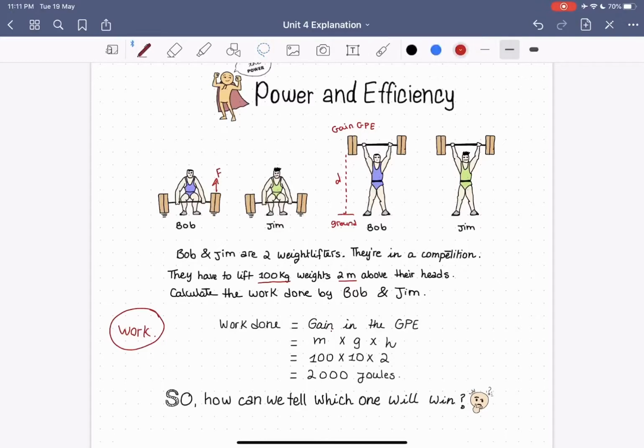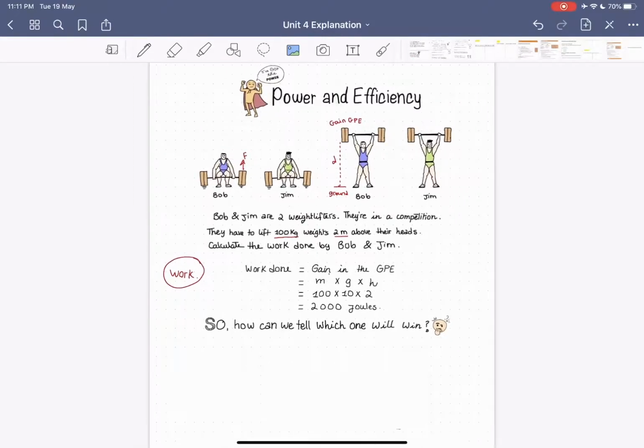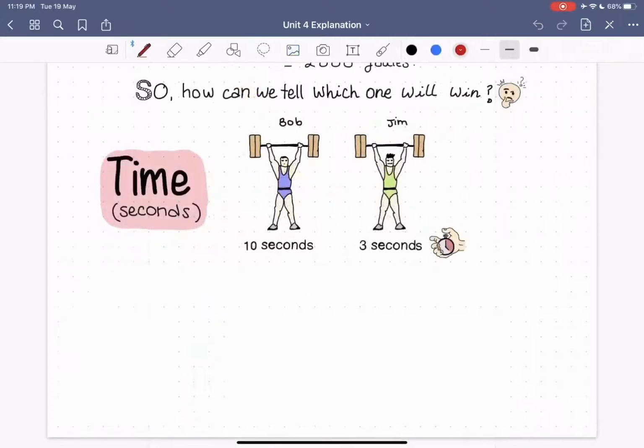In such a case, it would be very fair and accurate to take the time, to measure the time Bob will take to lift this 100 kilogram up to a 2 meter height. So now that we know that Bob took 10 seconds in completing the work and Jim took only 3 seconds, we can then say that the winner is Jim.